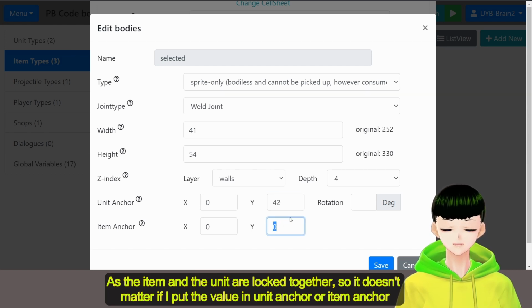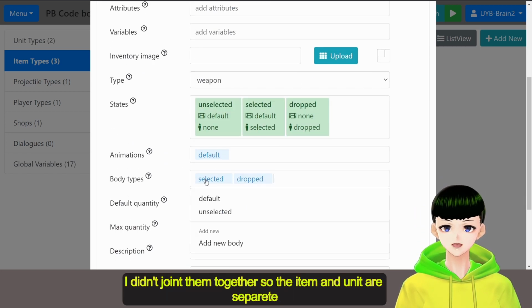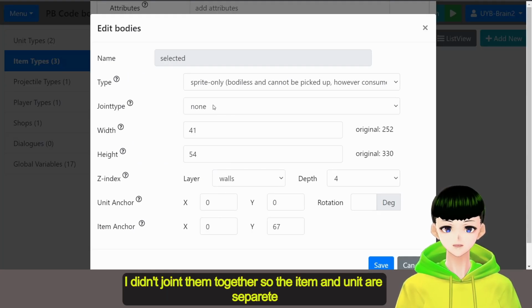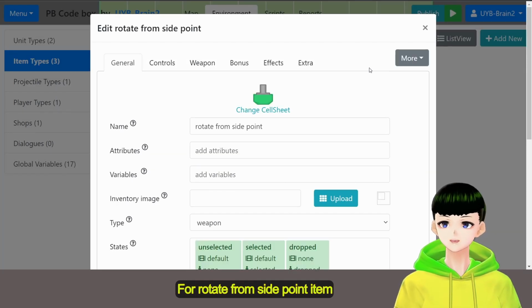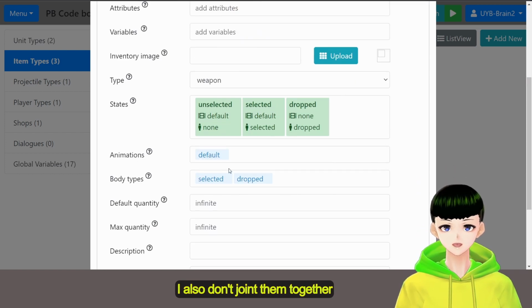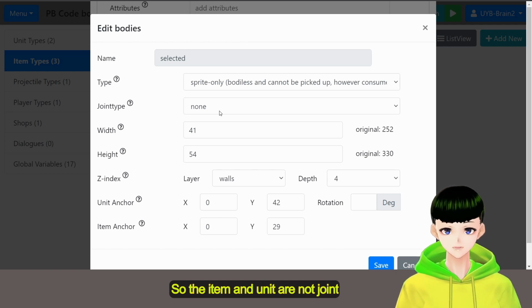For rotate from center point item, I didn't join them together, so the unit and the item are separate, and I add an item anchor to it, so it just rotates around the unit. For rotate from side point item, I also don't join them together, so the item and the unit are not joined.